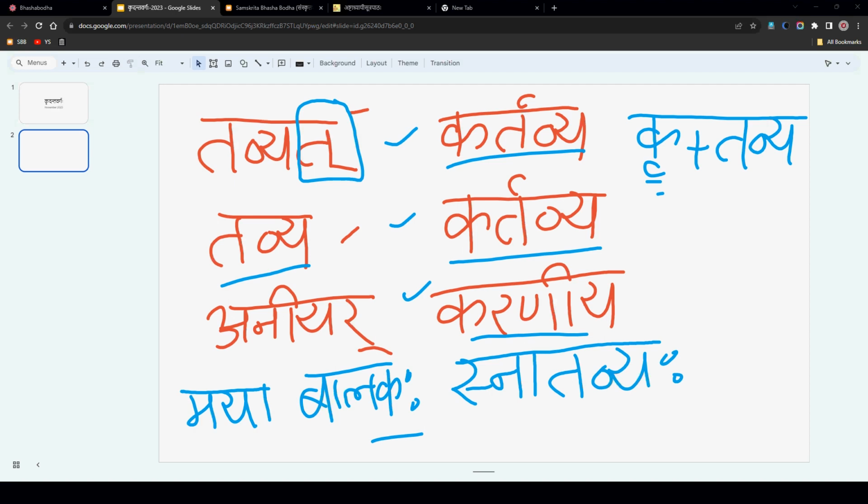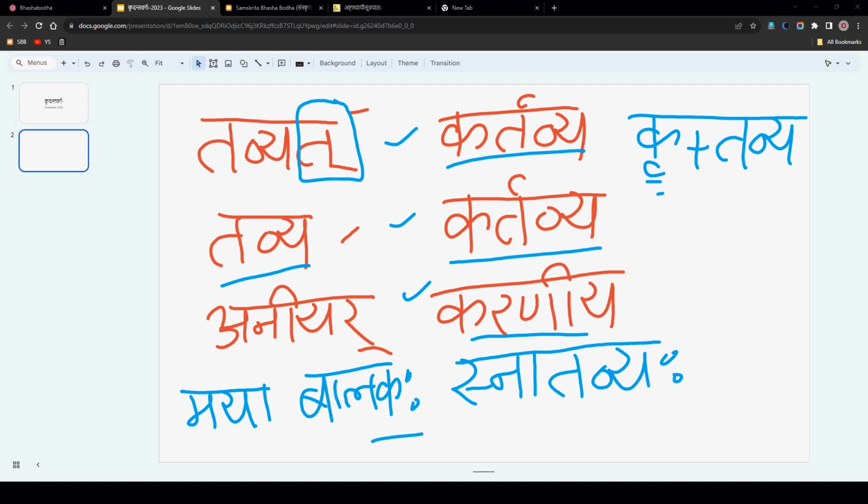Also, another thing to note here, as you have seen already, Balakah Snatavyah, Balika Snatavya, Agamaniyah, Balika Agamaniya. So these are used as a Visheshanam. So three things to note here.